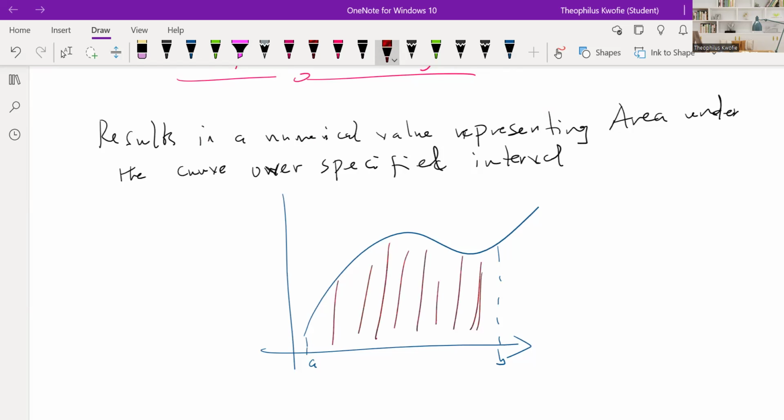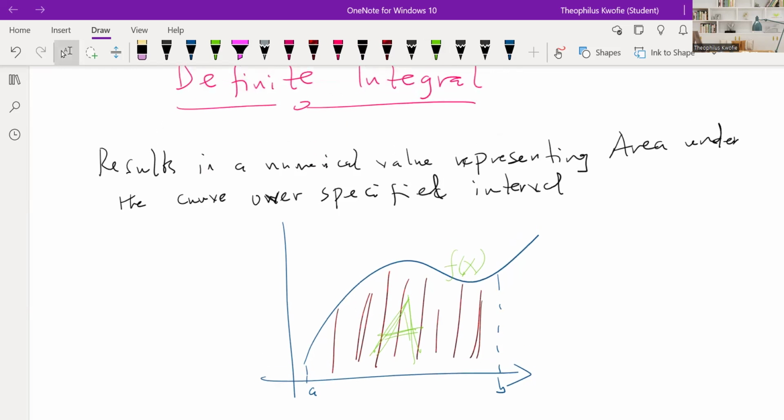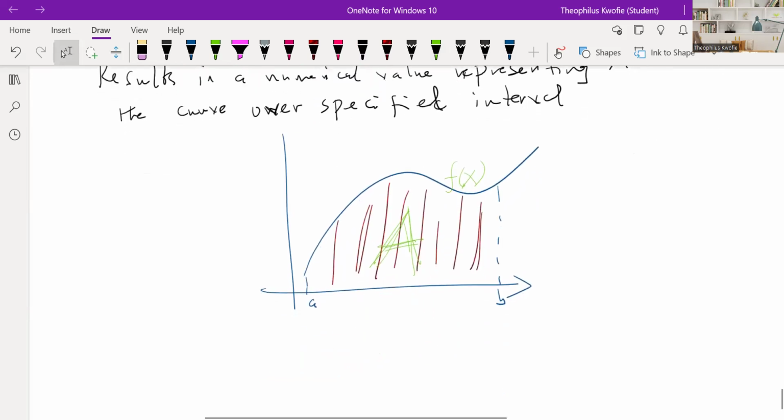The function is f of x. How do I find the area under this curve? That is all that a definite integral is about. Very, very important, so let's take note.